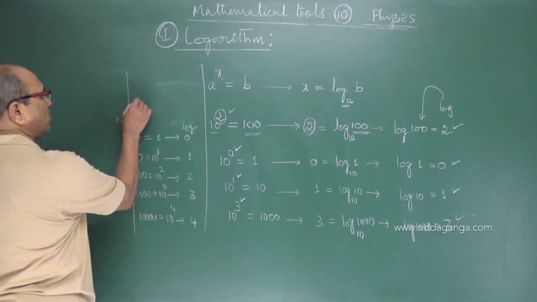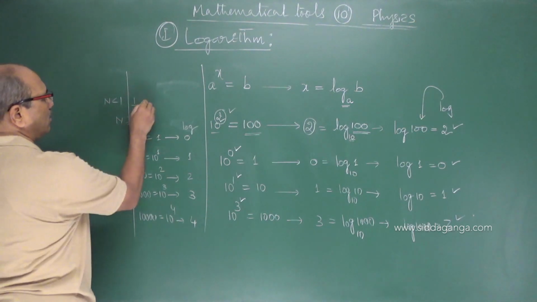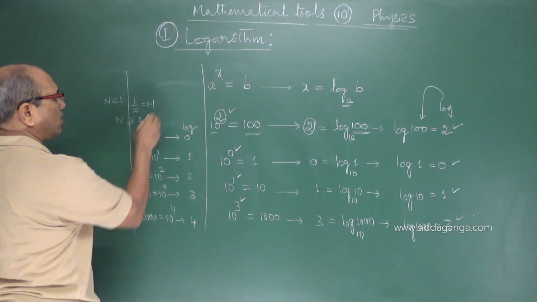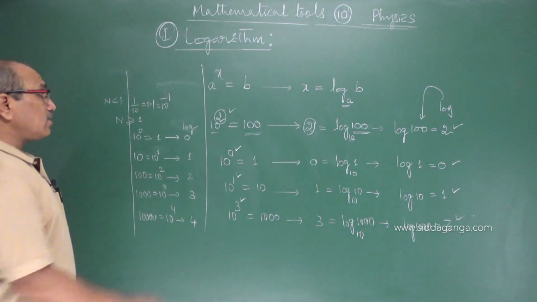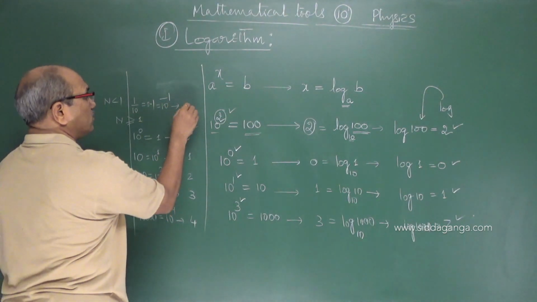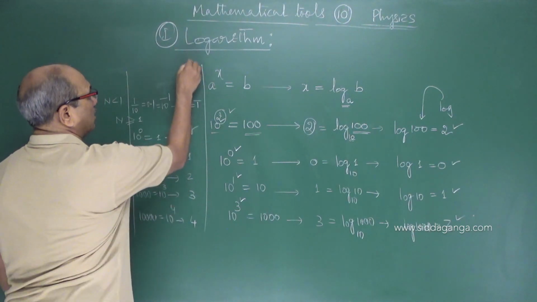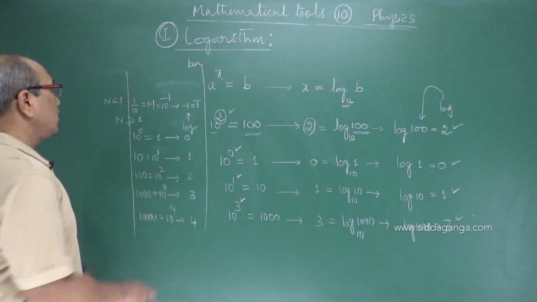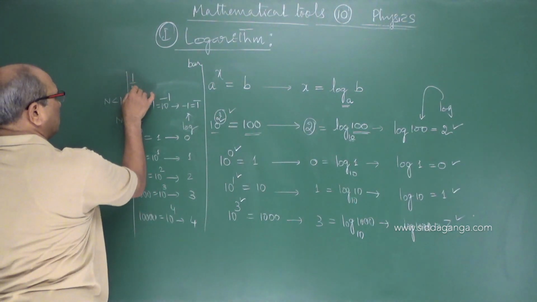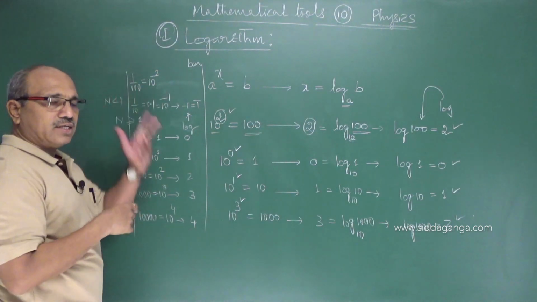If I write 1 by 10, a number less than 1, this is 0.1, or I can write it as 10 power minus 1. Its log value is minus 1, which we write as bar 1. Similarly, 1 by 100 is equal to 10 power minus 2, an even smaller number.